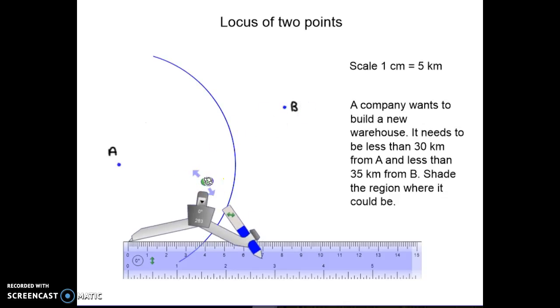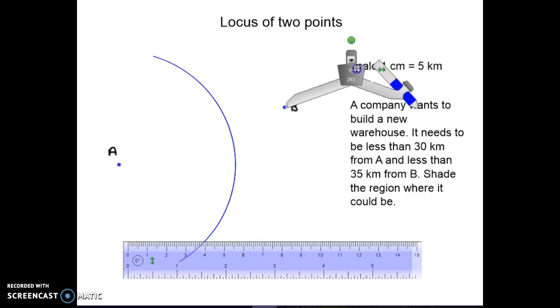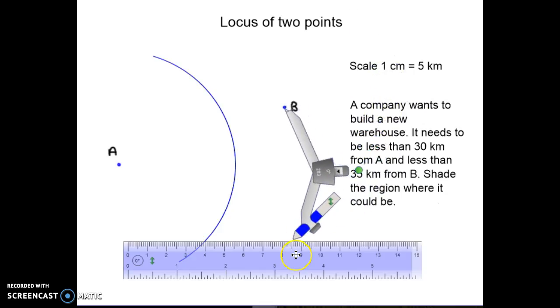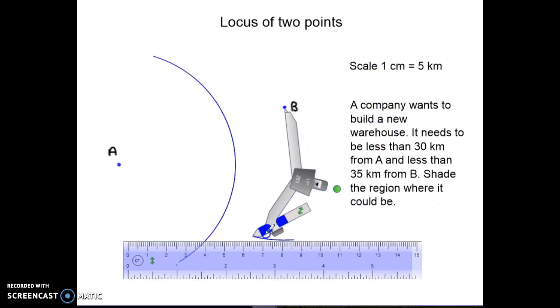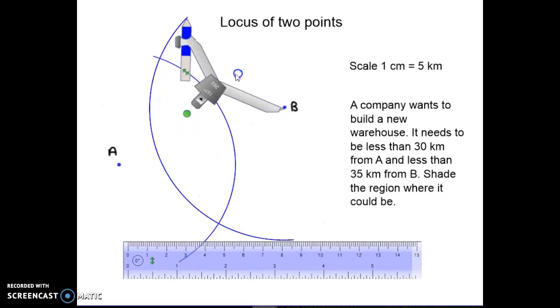Sorry, try that again. Put the point of my compasses on point B, and I'm going to draw a second arc which should cross with this first one. Okay, so that's that done.